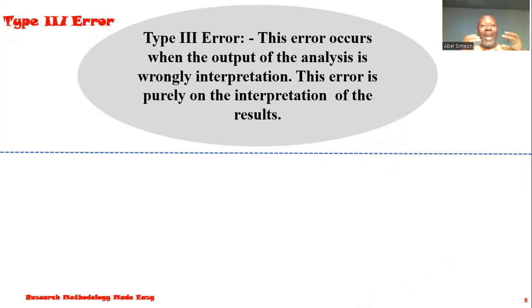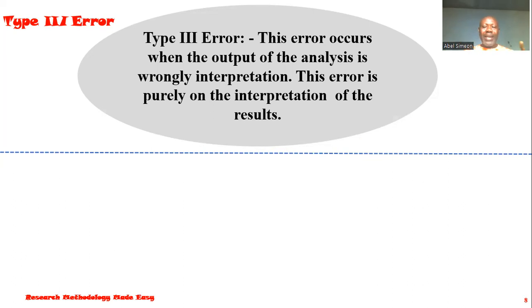So if you don't give the right interpretation, even when you did the analysis properly, even when you used the right tool, even when the respondents are up to the sample size, and in the case of a macro study, even up to 30, your interpretation also matters.